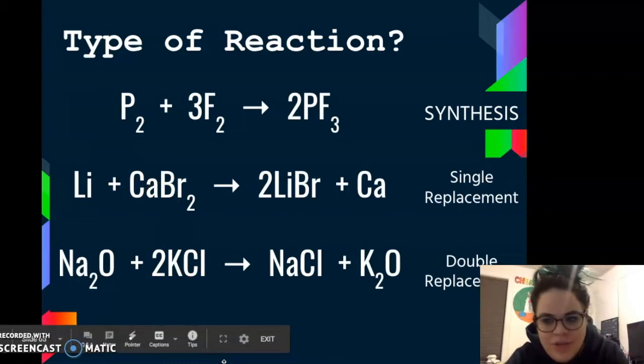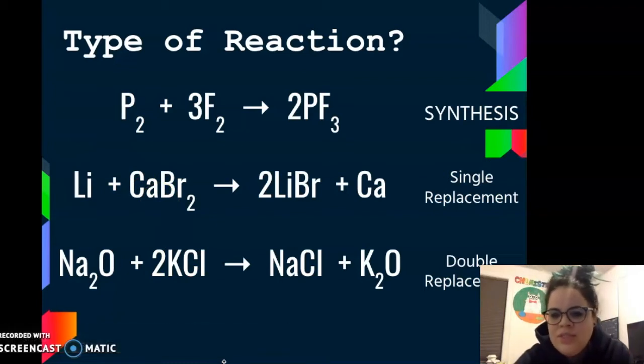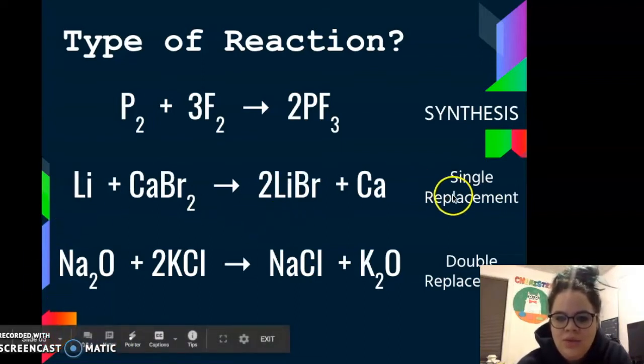But I do have a bonus question. One of these equations is not balanced correctly. Which one of these equations is not balanced correctly? Hopefully you chose this second one with the single replacement with lithium, calcium, and bromine.